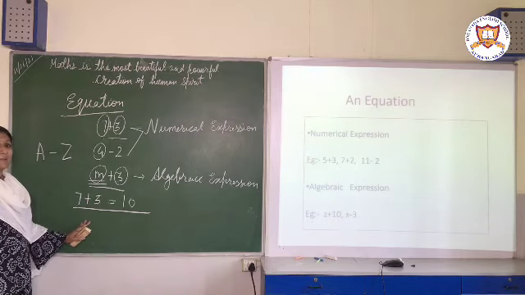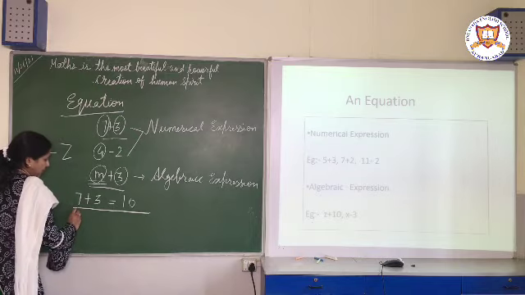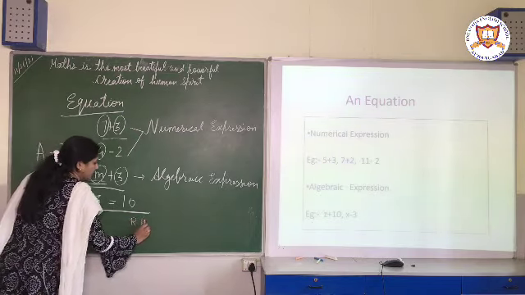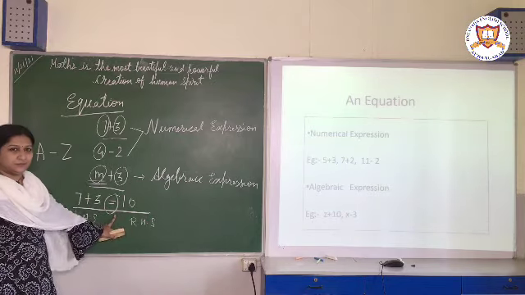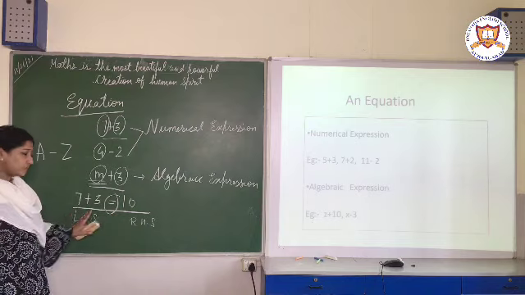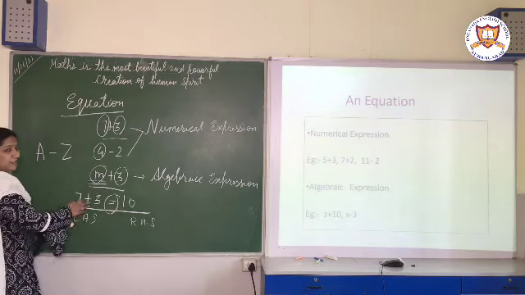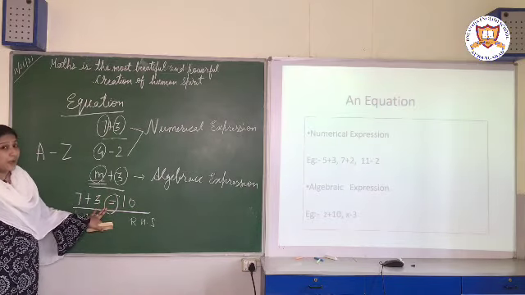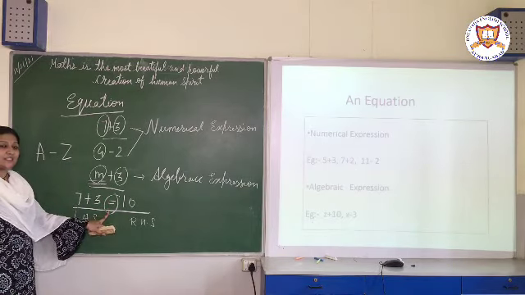An equation is a mathematical expression in which the two sides, that is left hand side and right hand side, are separated by an is equal to sign. So have you understood that in an equation we have one LHS, one RHS, which is separated by an is equal to sign.